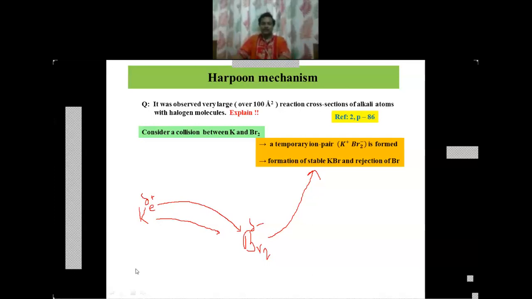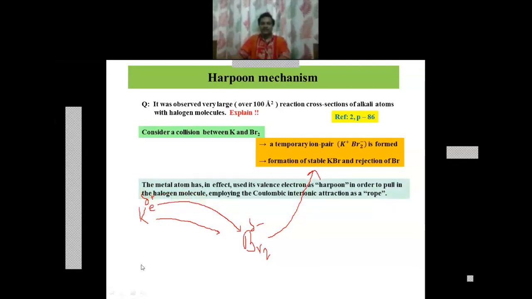So if I summarize, the metal atom uses its valence electron as a harpoon in order to pull the halogen molecule, employing the Coulombic interaction as a rope, right.